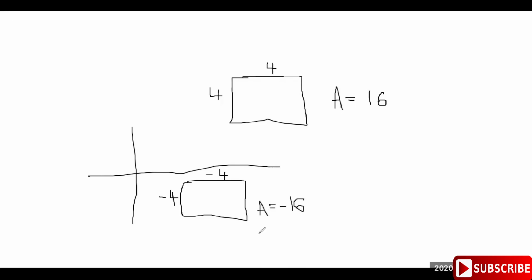But that's not true. The area is actually the modulus of -16, which is just 16. That's because when something is below the x-axis, it's going to be negative.